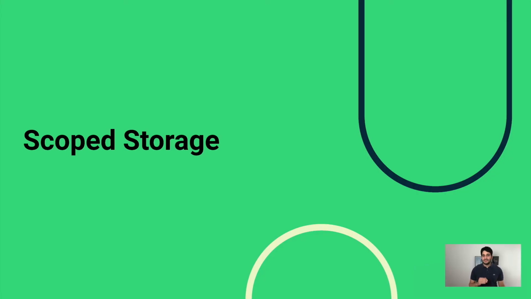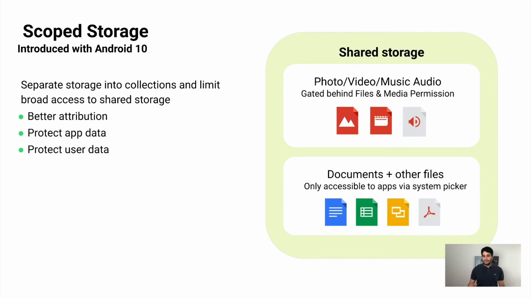And now let's talk about scoped storage. Before the introduction of scoped storage in Android 10, there were two classifications of external storage: app storage and shared storage. The app storage is the external storage folder of your application, which is directly tied to your application. It's deleted when your application is deleted.